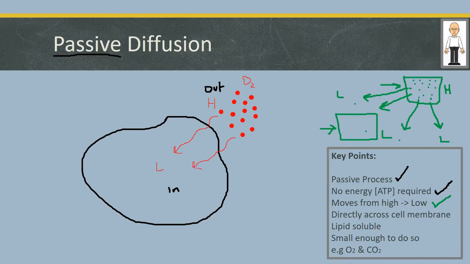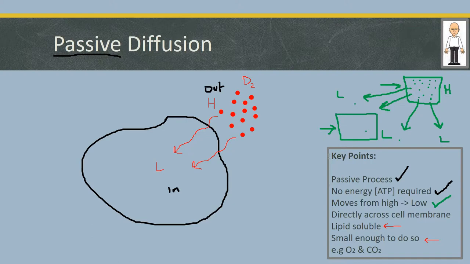It happens passively. Now, it's able to move across this phospholipid bilayer or cell membrane because the molecule is lipid soluble and small enough to fit through. Now, if you've not done the lesson on the structure of the cell membrane yet, then don't worry. All you need to know is that this black line is made of lipids, which is like a fat, a liquid fat.